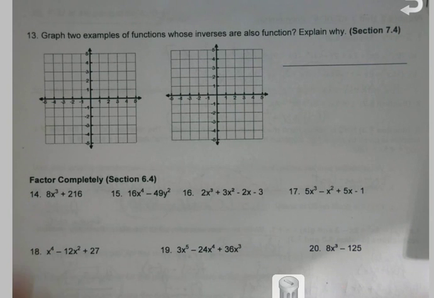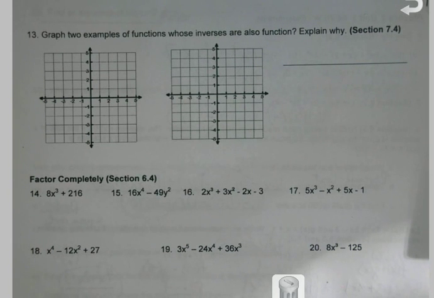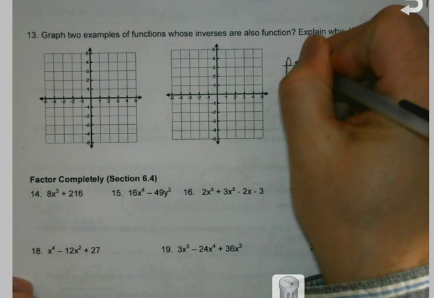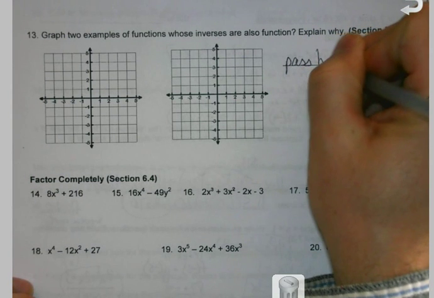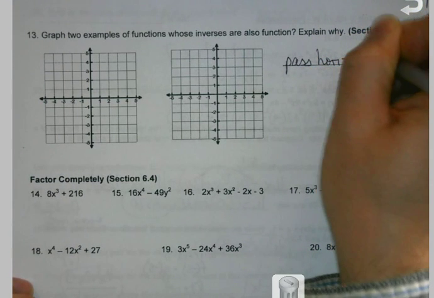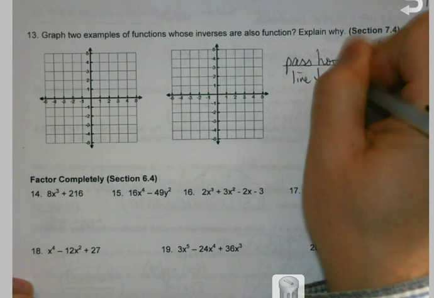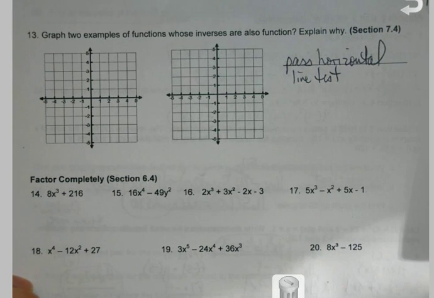Okay, 2 examples of functions whose inverses are functions. Remember, they have to pass the horizontal line test in order for an inverse to be a function. So what's an example of something I might be able to draw that would pass the horizontal line test?